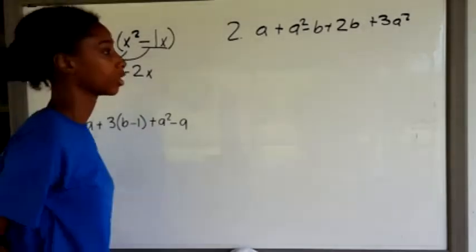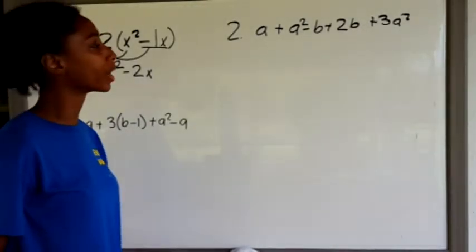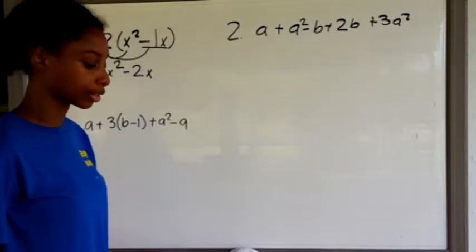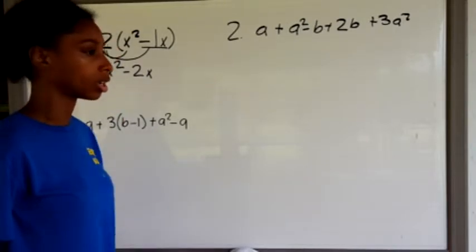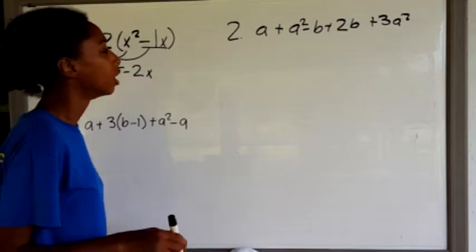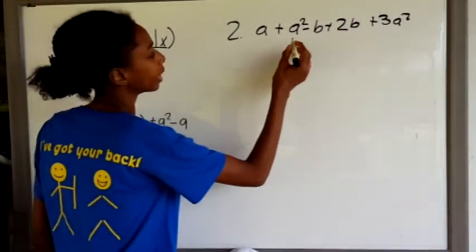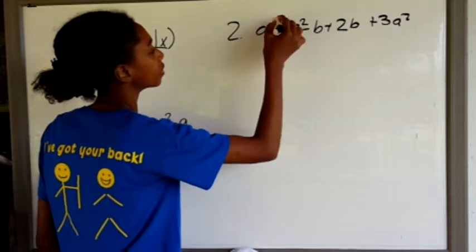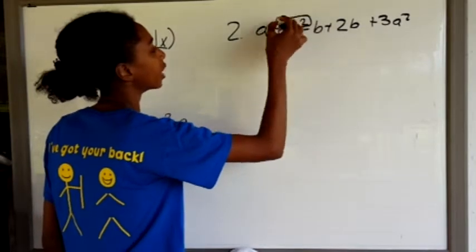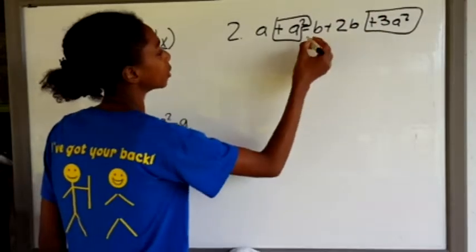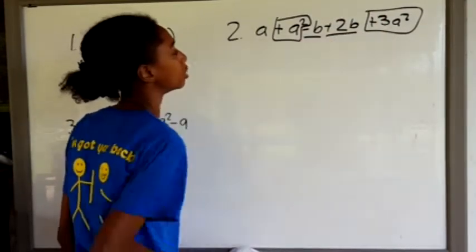Alright, over here we have a squared minus b plus 2b plus 3a squared. Alright, so we're going to combine our like terms. We have a squared and positive 3a squared, and then we have negative b and positive 2b.